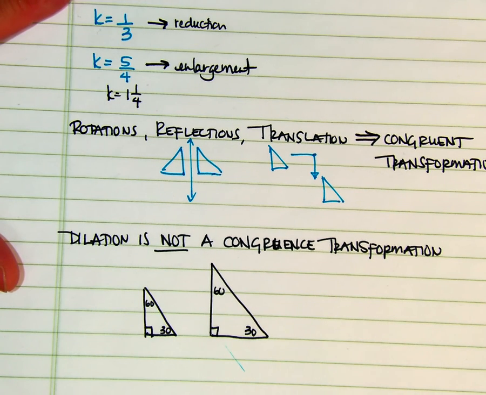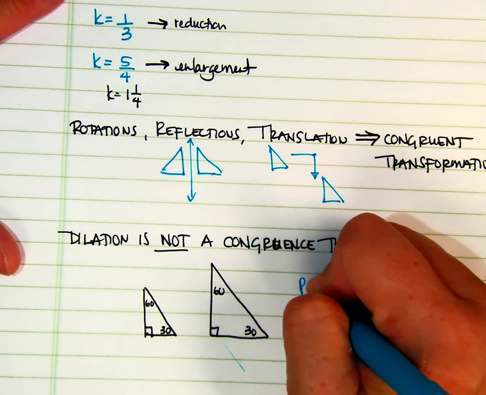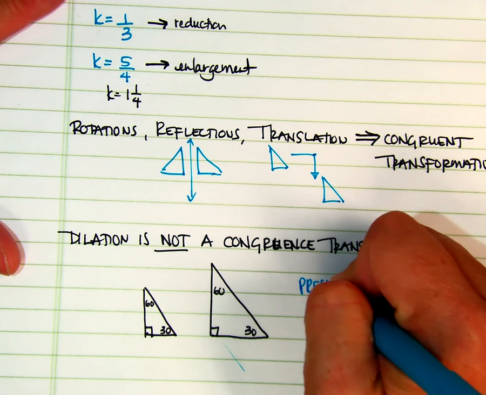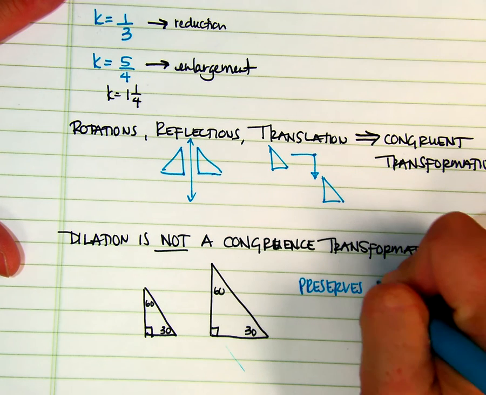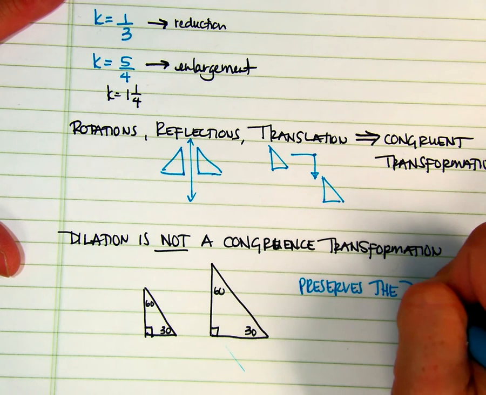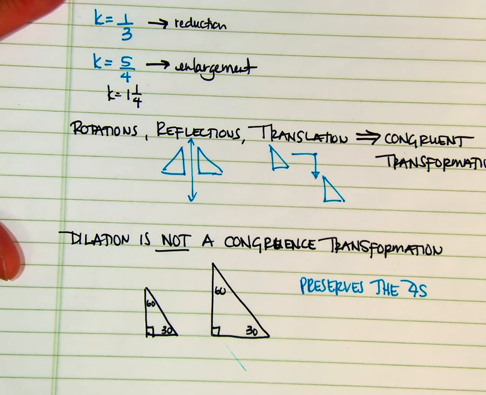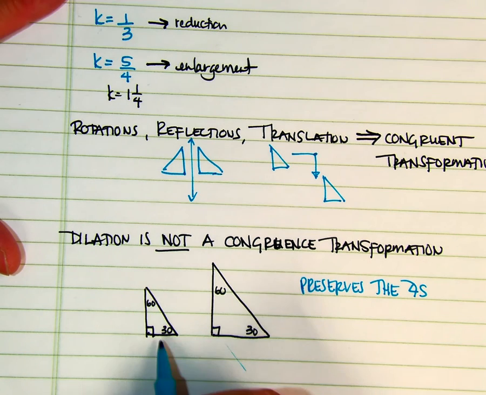So even though a dilation is not a congruence transformation, it does what's called preserves the angles, which means that the angle measures do not change. It's the length of the sides that change.